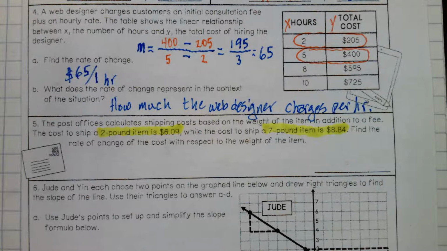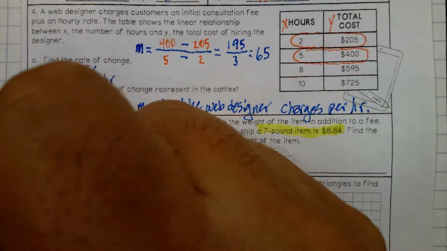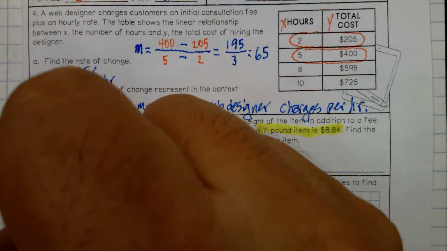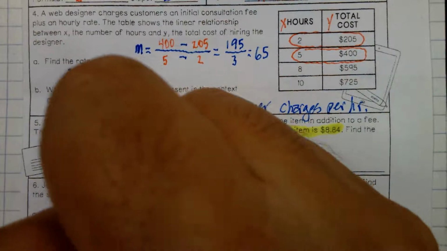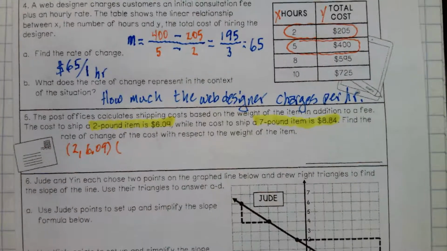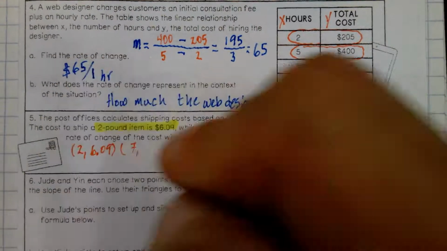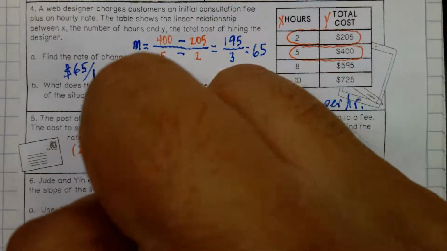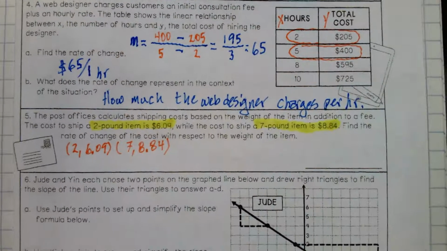And we already have 2 ordered pairs here. Let's write them down. One of the ordered pairs is 2 pounds costs you $6.09. What's the other ordered pair? 7 pounds. And that's going to cost you $8.84. Okay.